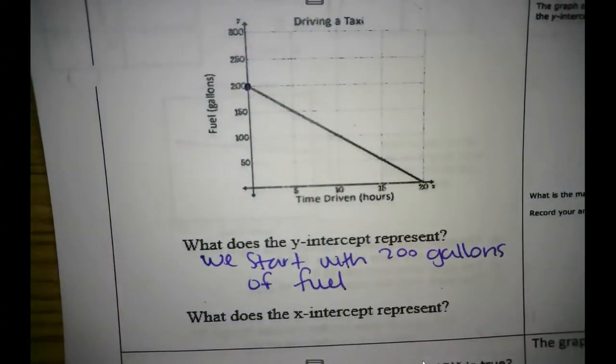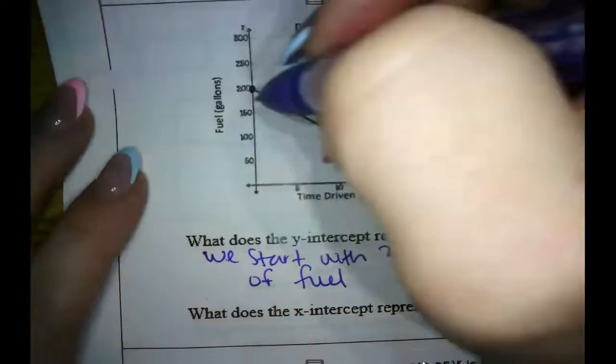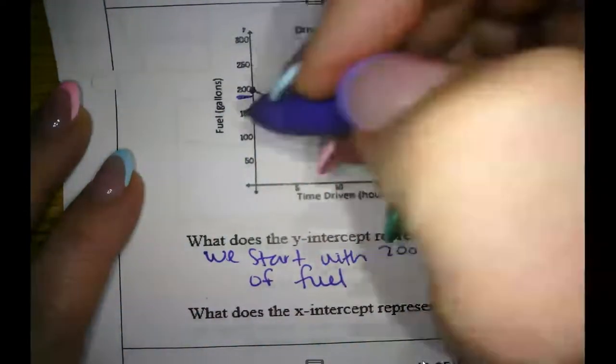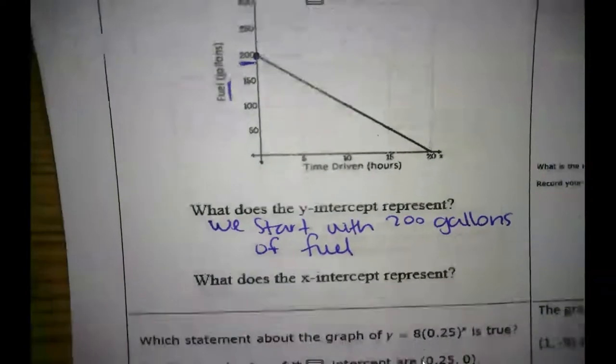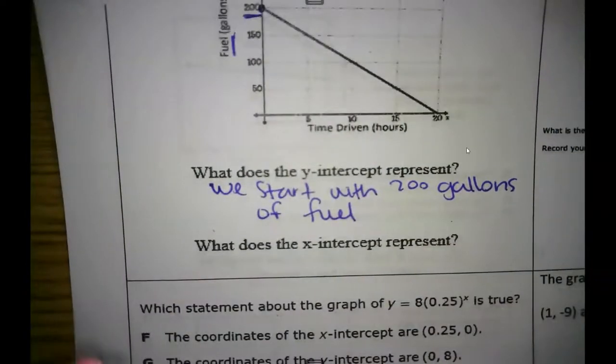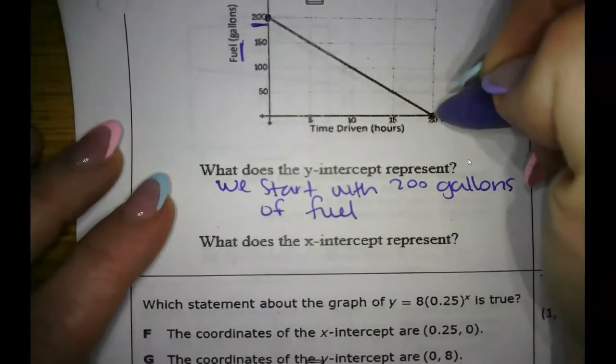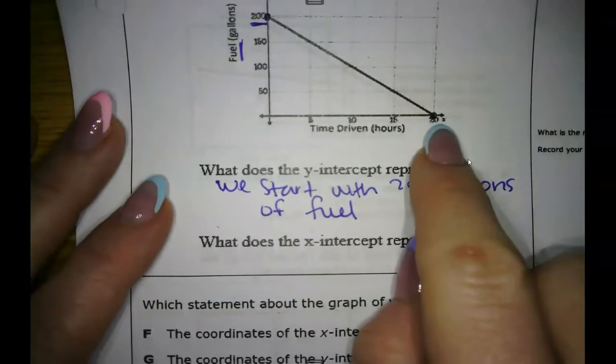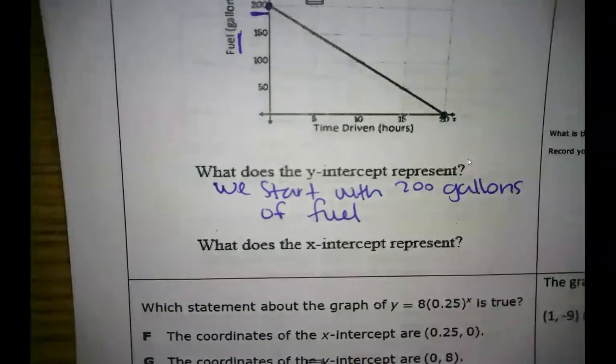So when you're looking at these for multiple choice questions, you're looking for something that represents 200 and fuel. And then the x-intercept, that's right here, that's the end.